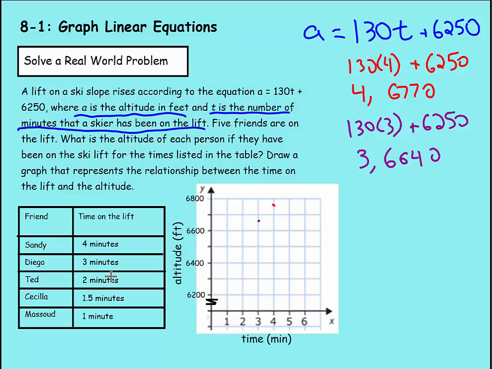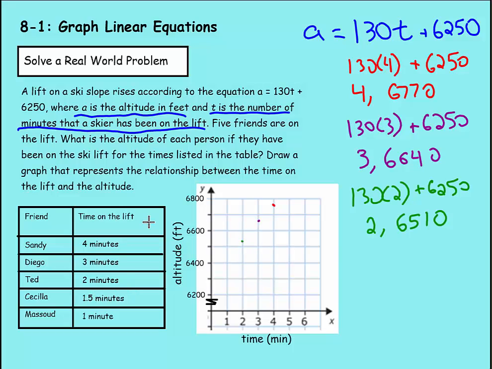Now Ted was on it for 2 minutes, so it's 130 times 2 plus 6250. 130 times 2 is 260 plus 6250 gives us an answer of 6510. So that would be a coordinate point of 2 and 6510. So that'd be right around here.